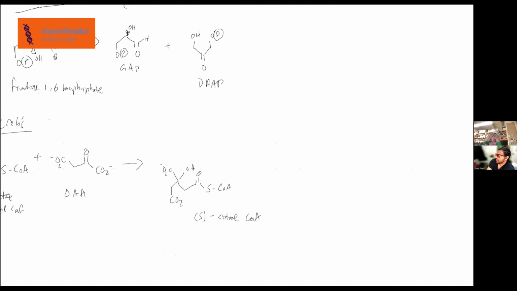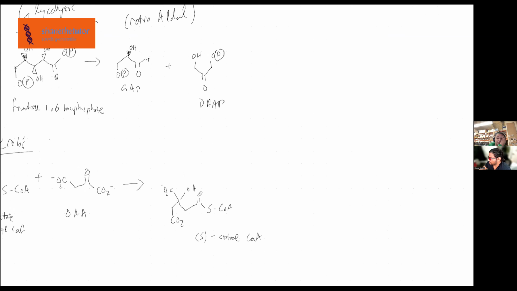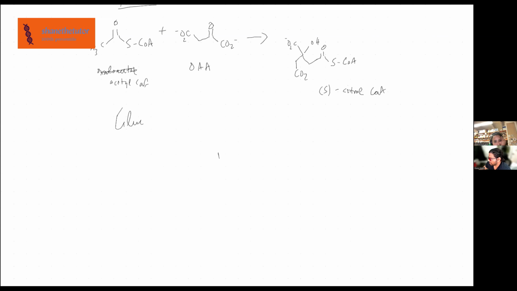And then the last one is in gluconeogenesis. So what do you think you'll get? You can get the fructose 1,6-bisphosphate again. Exactly.